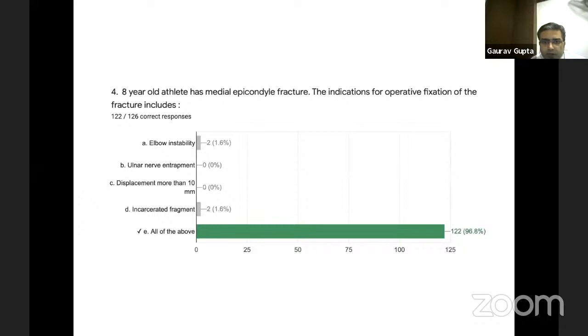Fourth question was about the medial epicondyle fracture, and the indications of operative fixation. All of these are indications. Incarcerated fragment is the absolute indication, whereas others are relative indications, and 96% of people have marked it right, which is very good.